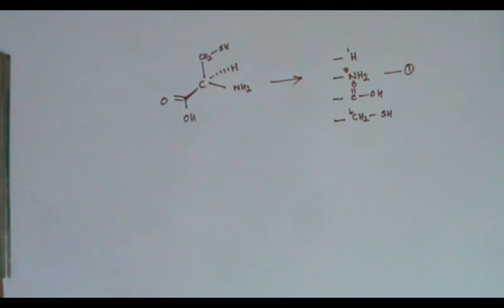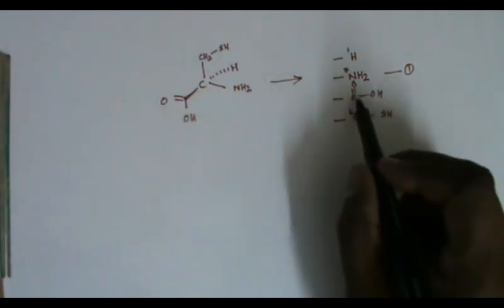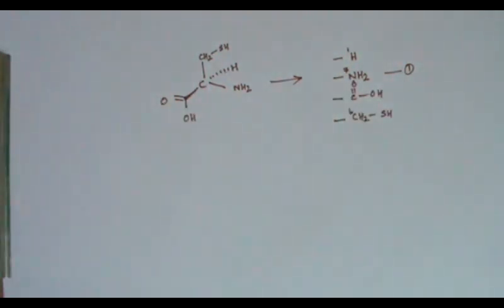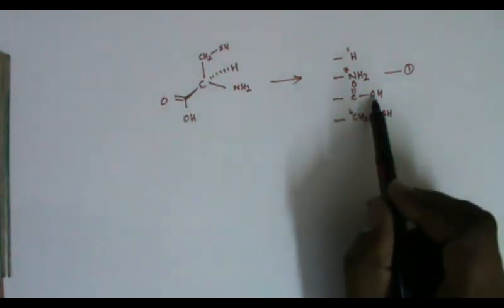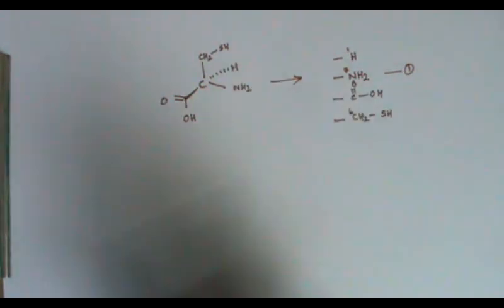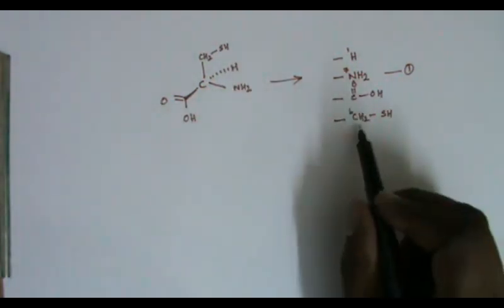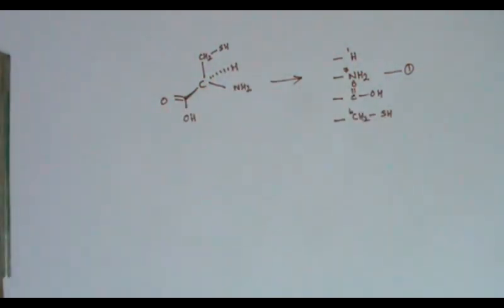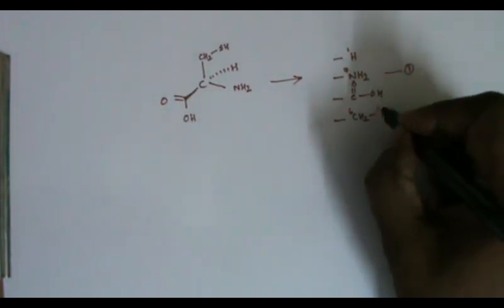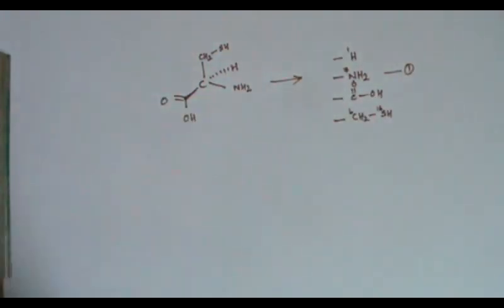Now I go for the next rule. Since these 2 atoms are the same, I go for the next atom. The next atom is oxygen. If you go this side, that is also oxygen. But here it is sulfur. The atomic number of sulfur is 16. Oxygen is 8.